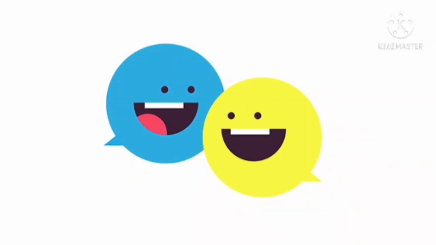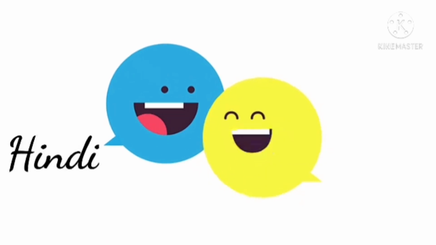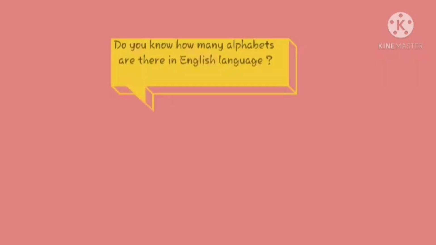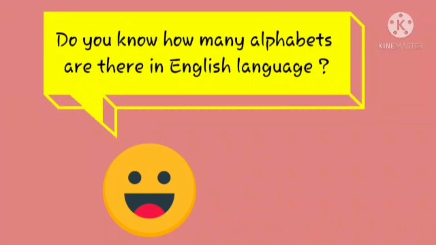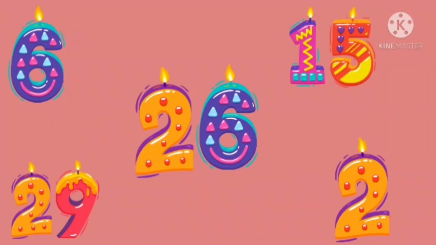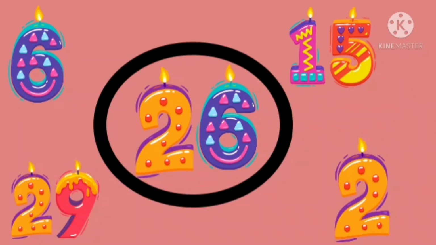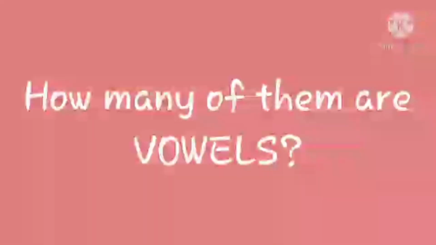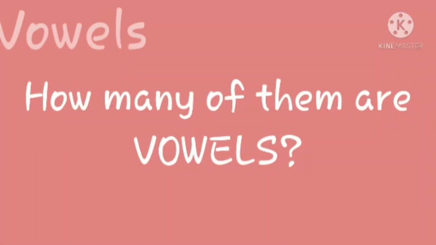If we want to communicate something to someone, in which language do we express our thoughts? Yes, it's either Hindi or English. Do you know how many alphabets are there in the English language? Yes, 26. But how many of them are vowels?